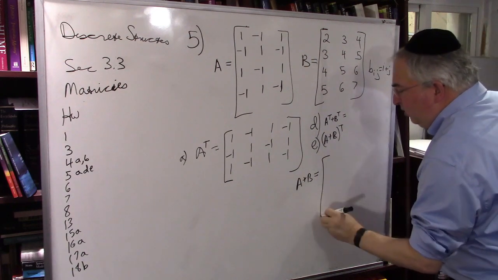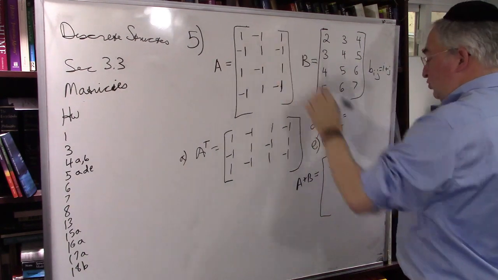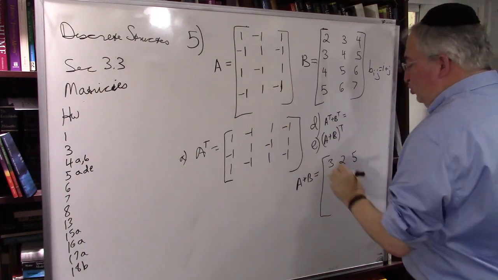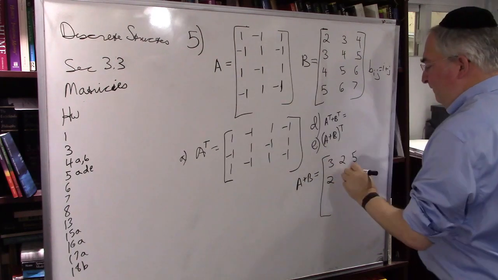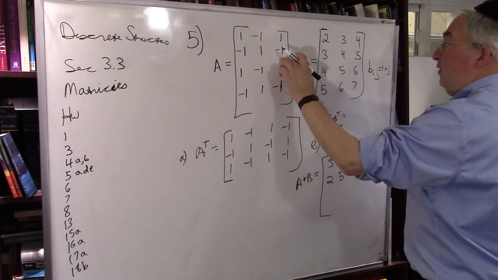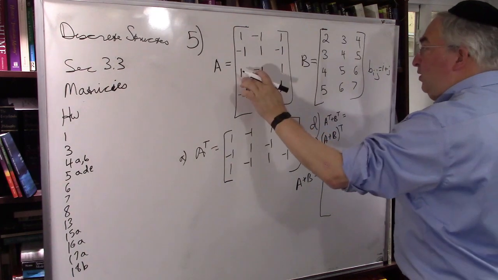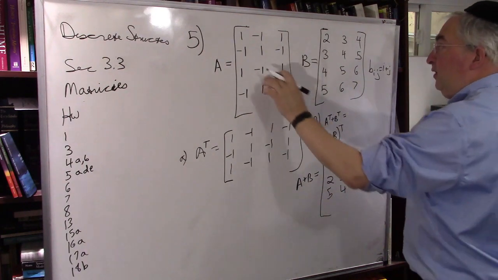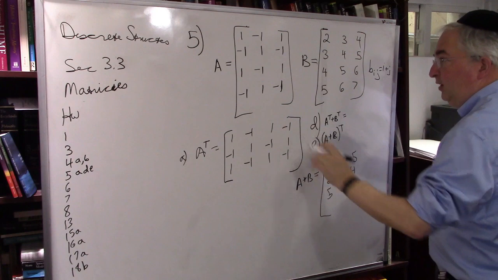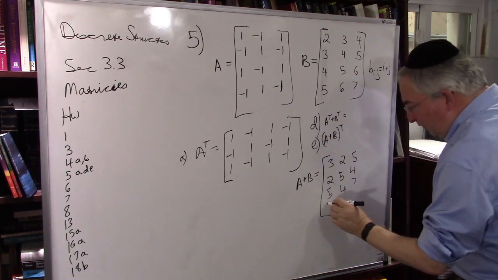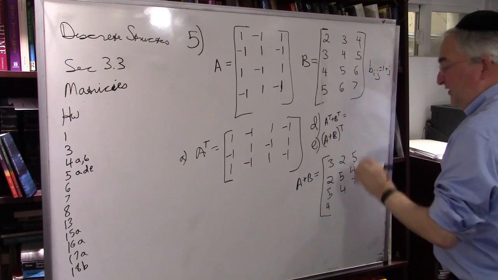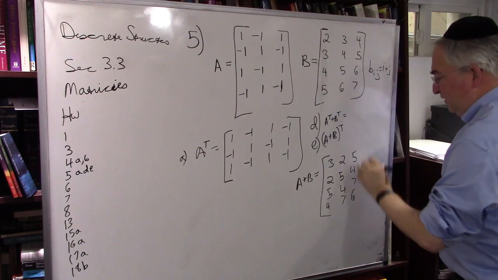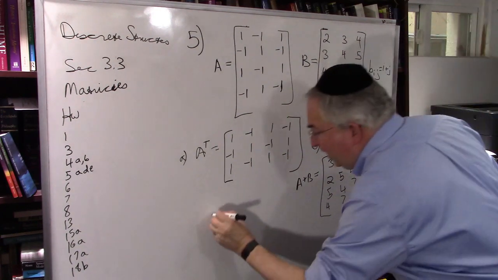This is 3, 2, 5, 2, 5, 4, 5, 4, 1 and 6 is 7, minus 1 and 5 is 4, 1 and 6 is 7, minus 1 and that's 6. So that's that.